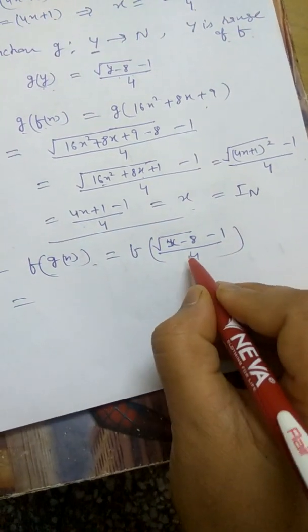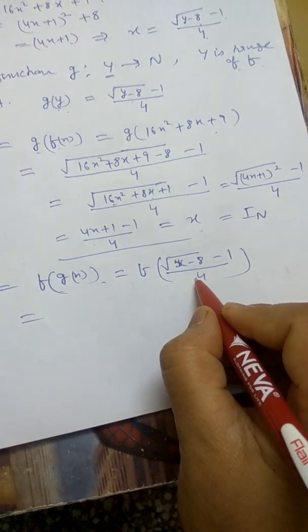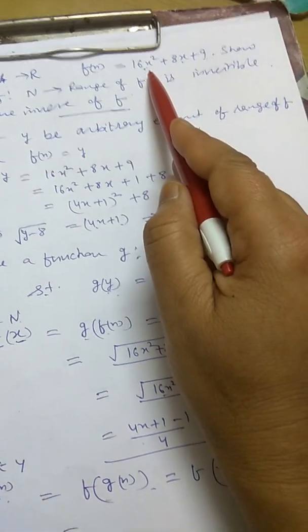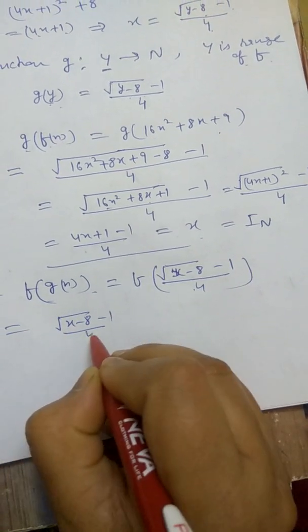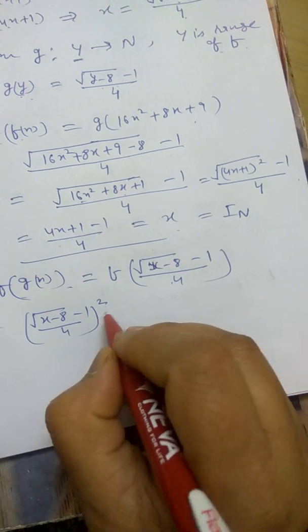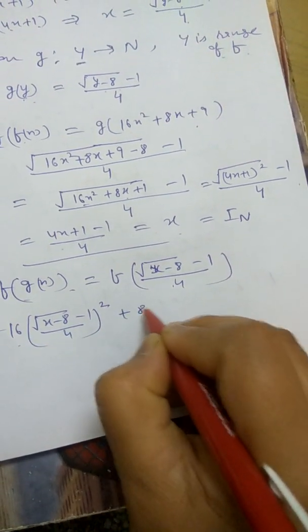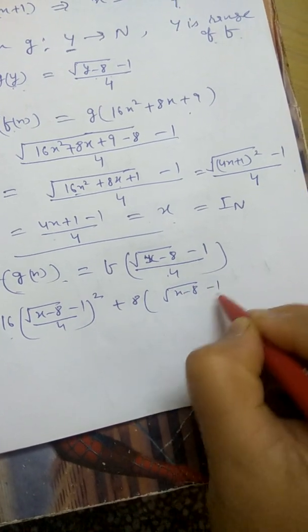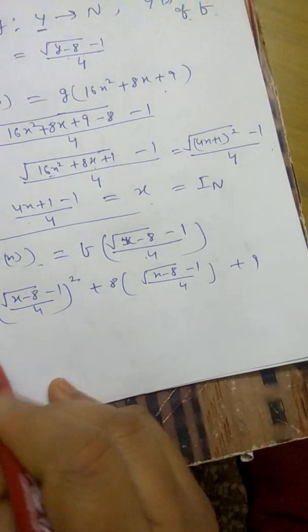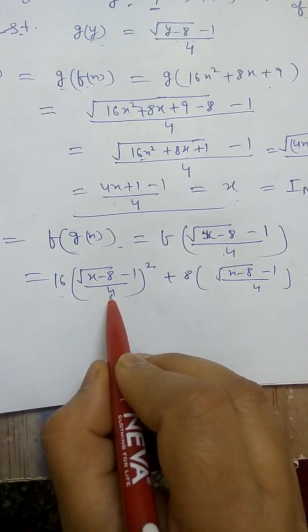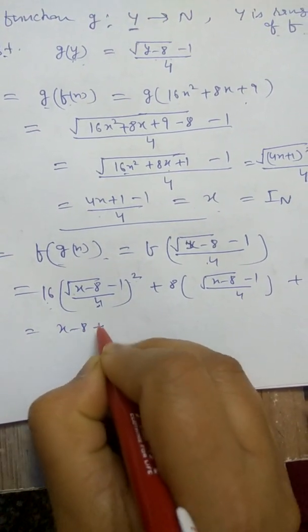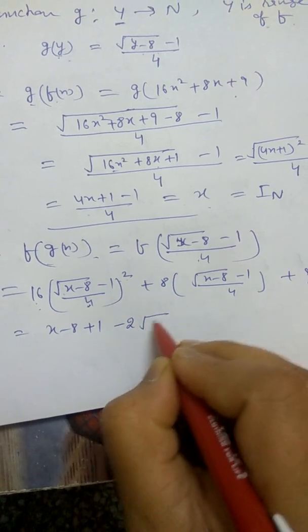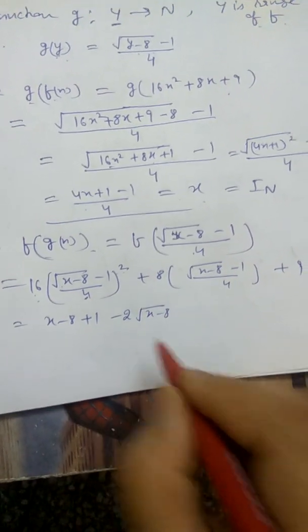And now substitute this value in f(x). f(x) is 16x square plus 8x plus 9. Substitute here. It becomes 16 into ((square root of x minus 8, minus 1) by 4) whole square, plus 8 into ((square root of x minus 8, minus 1) by 4), plus 9. Simplify this: 16 will be cancelled because the whole square is there. Whole square of this becomes x minus 8 plus 1 minus 2 root of x minus 8, by the identity of whole square.